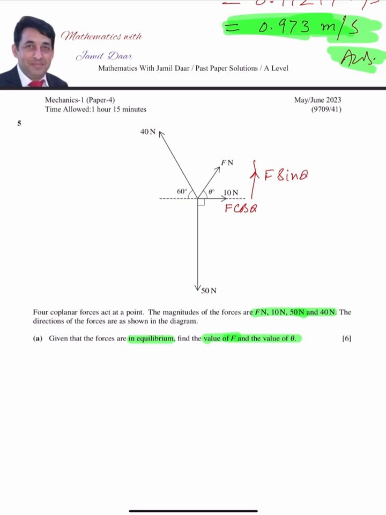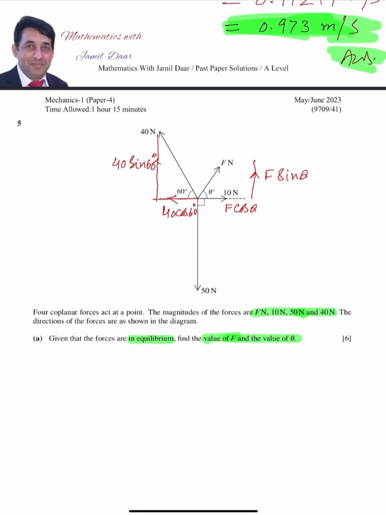Next is this one: its horizontal component is 40 cos 60 degrees, and the vertical is 40 sin 60. Keep in mind that the side adjacent to the angle is cos and the side opposite to the angle is sin.